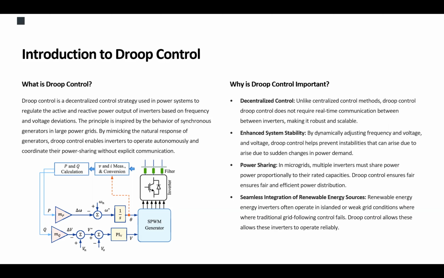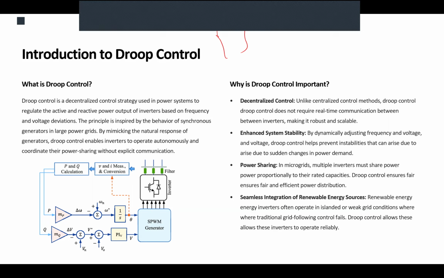Now let's translate it to the grid system. You have a network, with a GFM, a grid forming inverter, connected here, and another GFM maybe here. This is your power network.